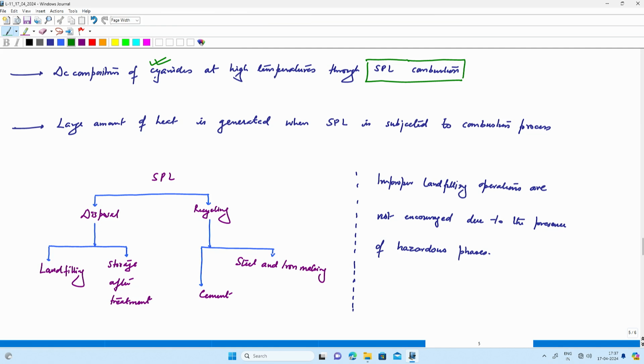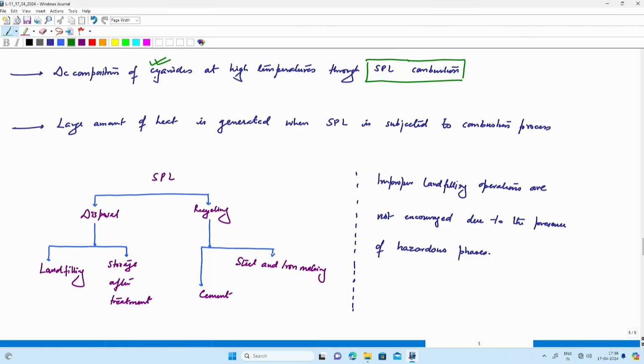If we are using SPL as the raw material for combustion, a large amount of heat is also generated, because of course the major component of SPL, still 50% or more at times, could be just carbon. So a large amount of heat is generated when SPL is subjected to combustion, and this could be used in various industries.